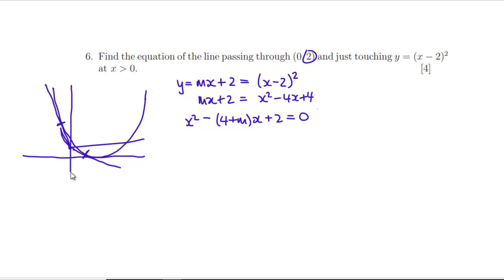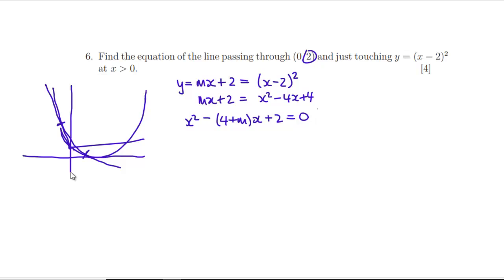So this is going to give us intersections based on what m is. I'm trying to think what this is going to mean. So for a particular value of m, we only want one intersection point. That's what we're after here.